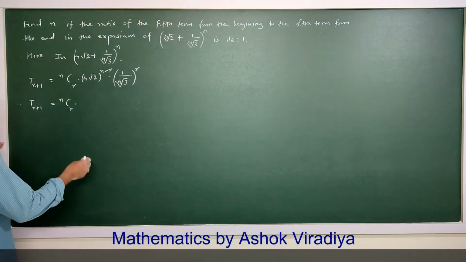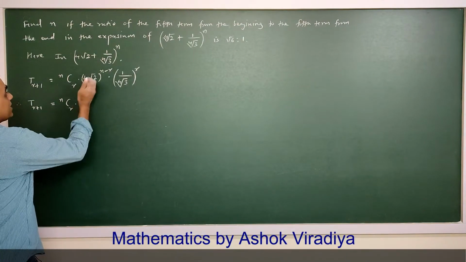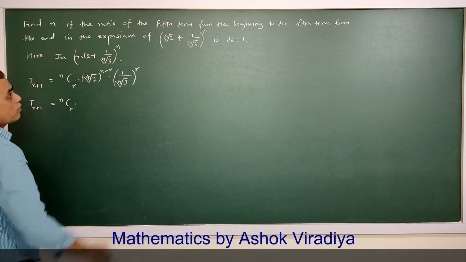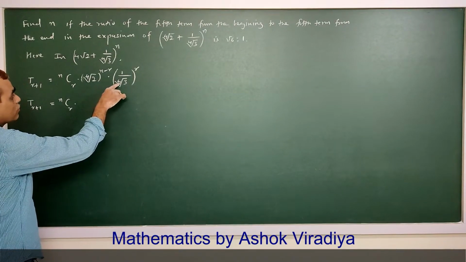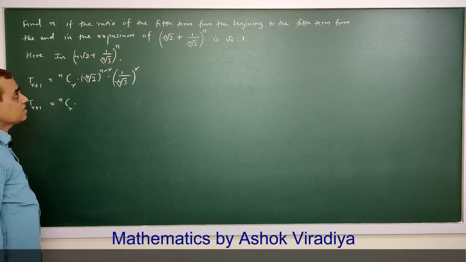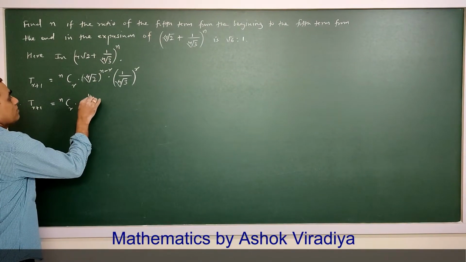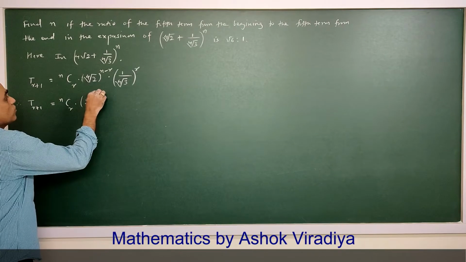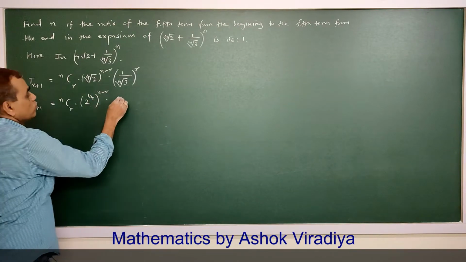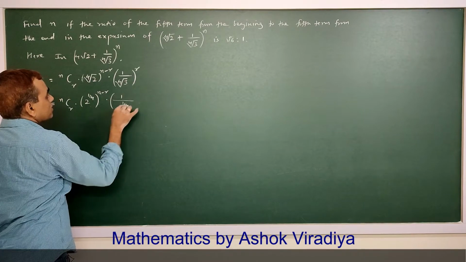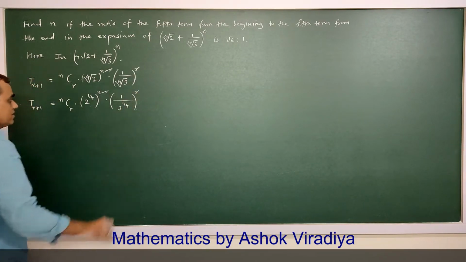So NCR into this is 4th root of 2, and this is 4th root of 3. So it is 2 raised to 1 by 4 raised to n minus r, into 1 upon 3 raised to 1 by 4 raised to r.